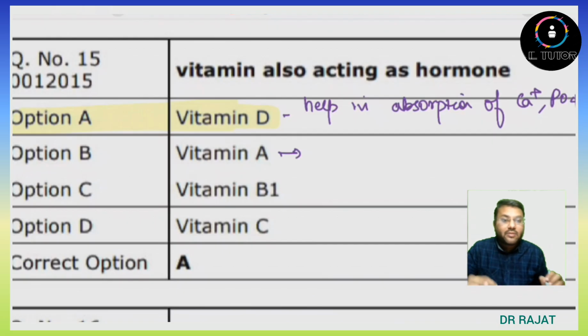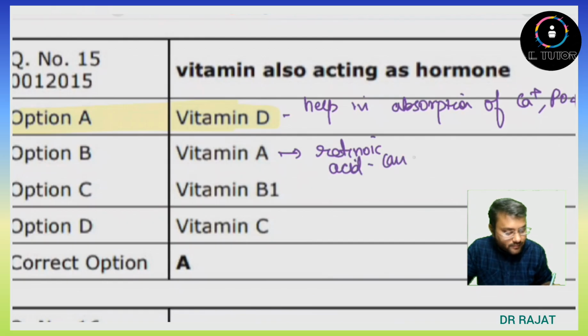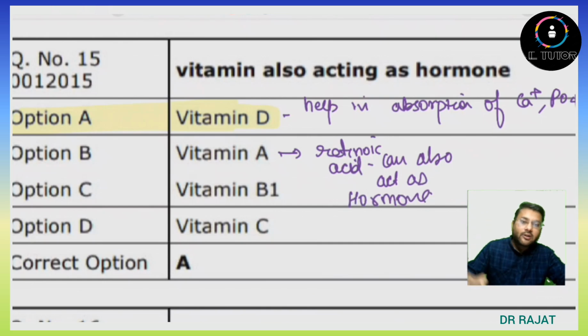If we talk about vitamin A, then vitamin A, retinoic acid, can also act as a hormone, but only the retinoic acid form of vitamin A can act as a hormone. So among the following options, best answer will be vitamin D.